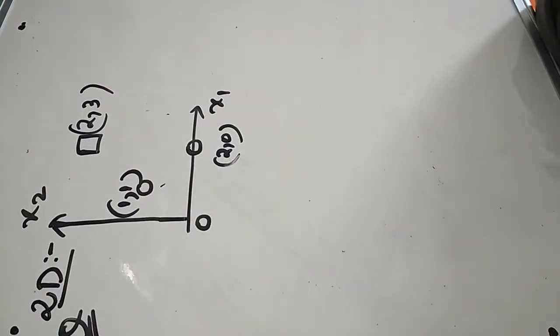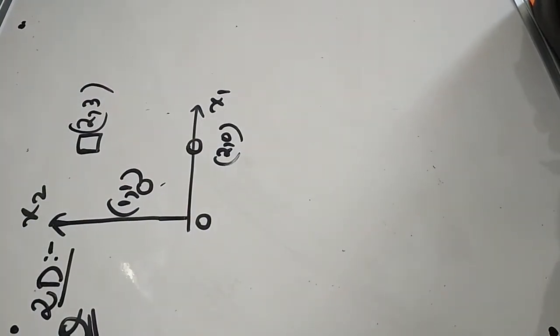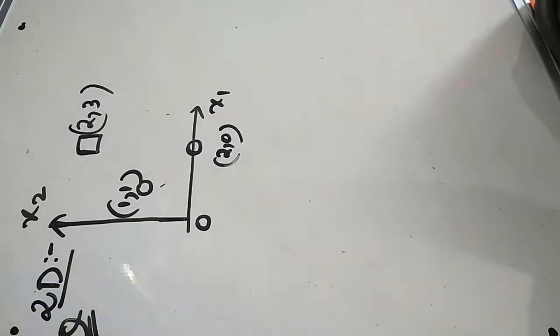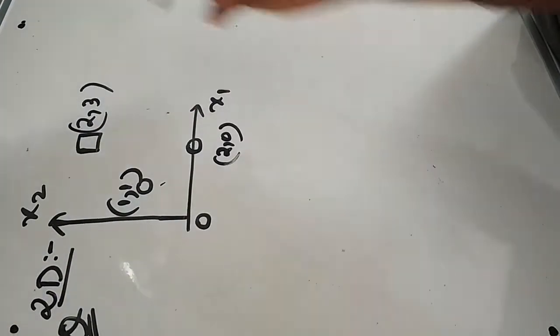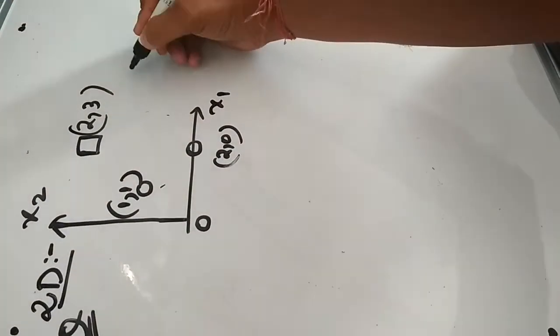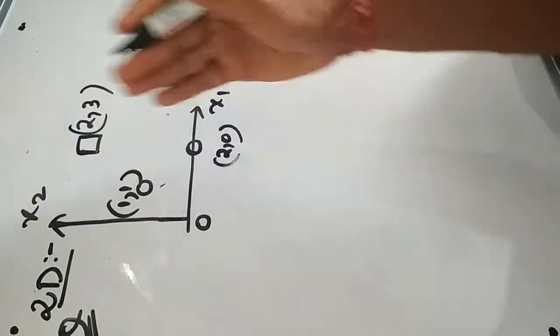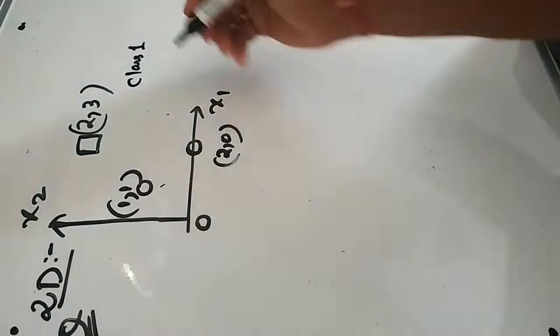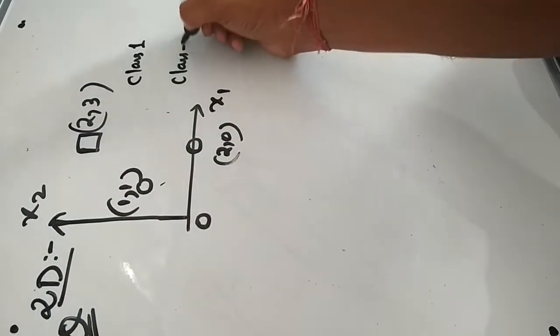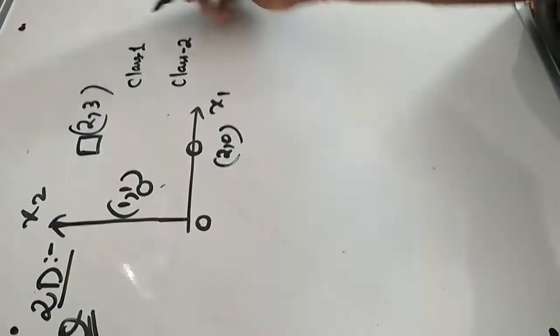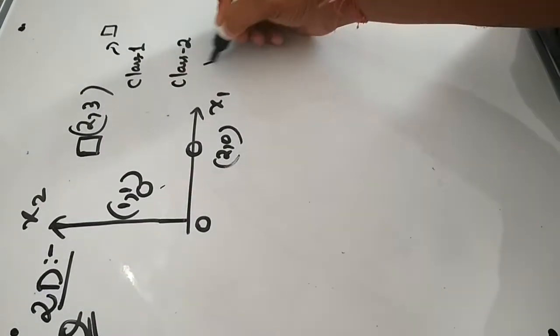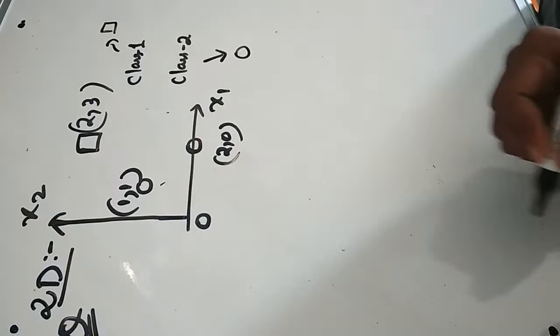So first of all we will take one thing, that if we are drawing a line between them, the upper part is class 1, we can represent it by class 1, and the down part is called class 2. So this is the square part, and this is our circle part.